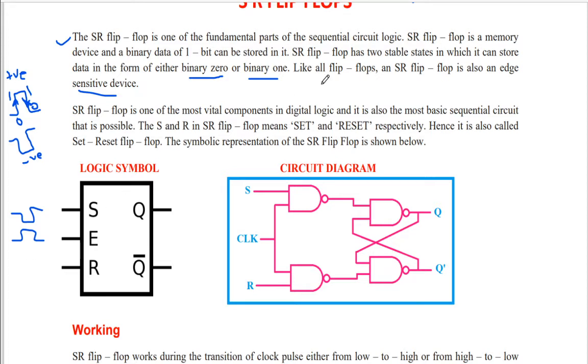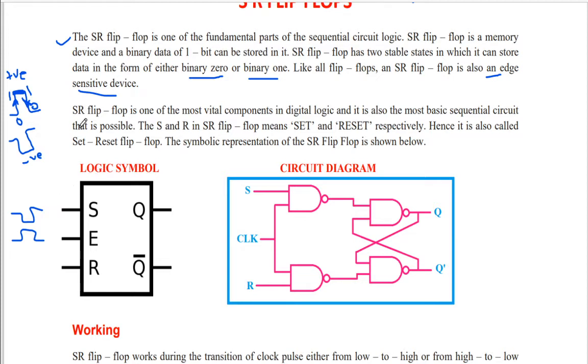So that's what we call an edge sensitive device, because it keeps on changing at the particular edge only. Level means at this particular point. So the flip flop changes over this particular time. So we have positive edge triggered flip flops and negative edge triggered flip flops.